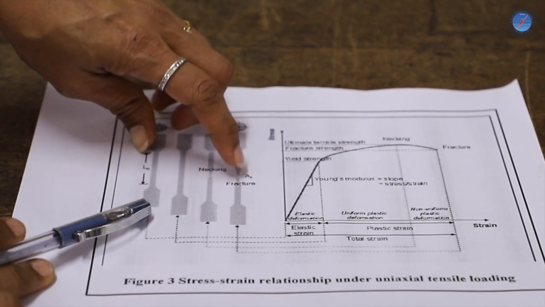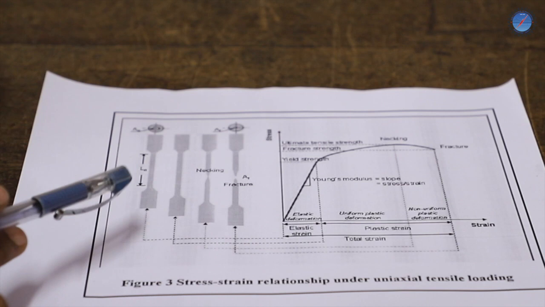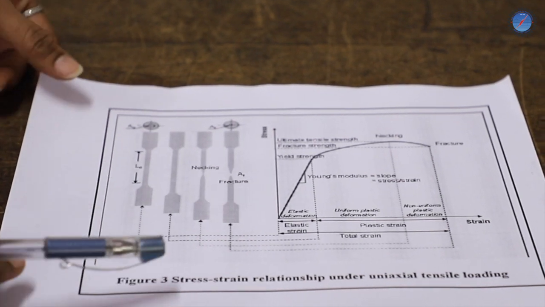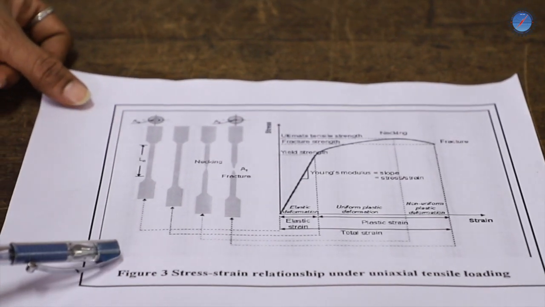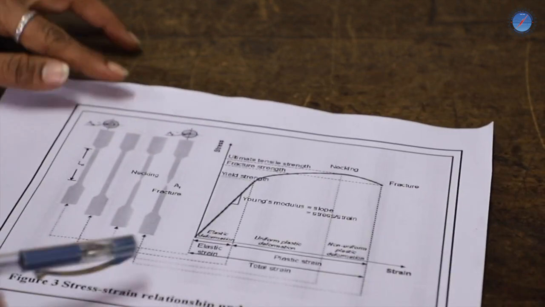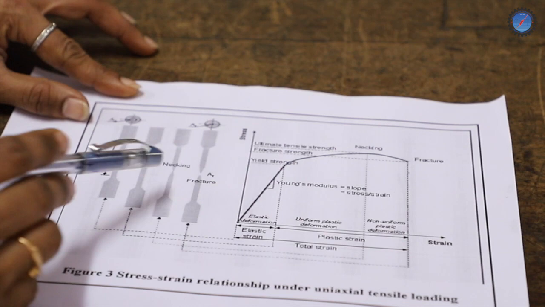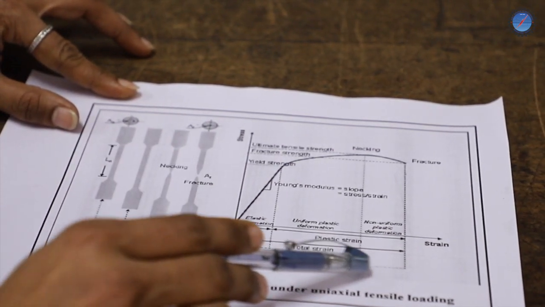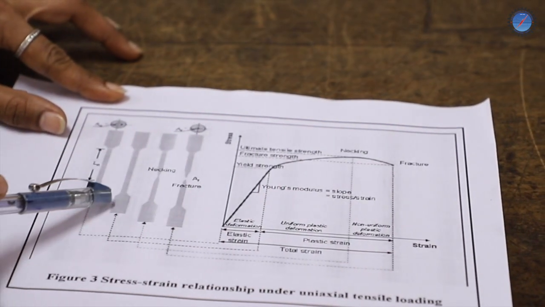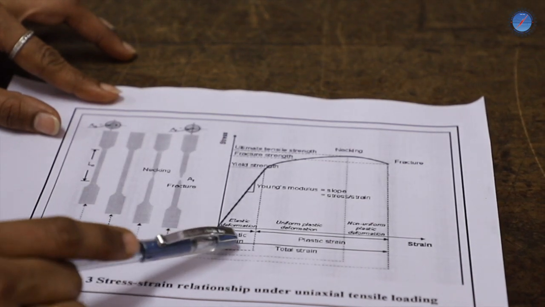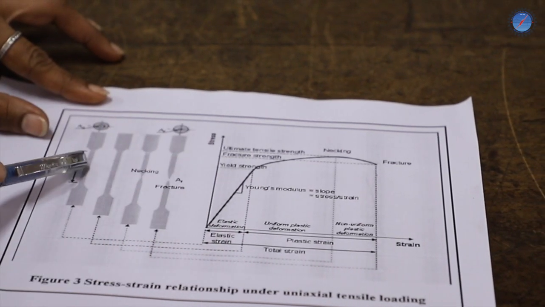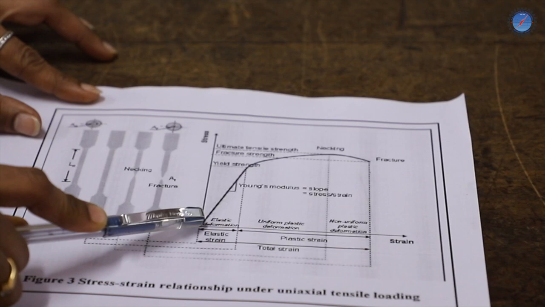So depending upon these loads, you have to calculate the parameters or the properties which we have asked in the experiment. So this will be the necking, this is the fracture point, this is the yield strength, and this is the initial strength.